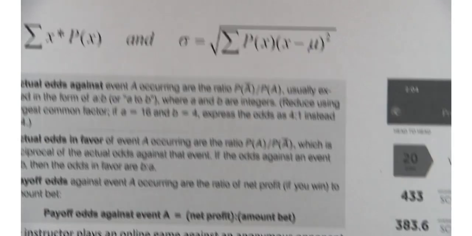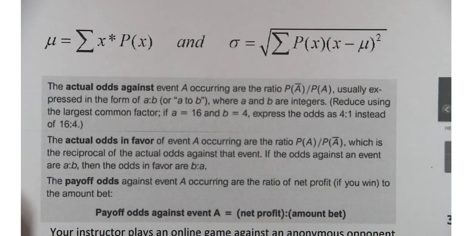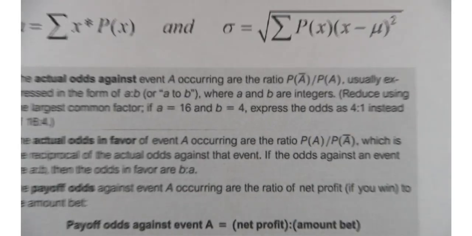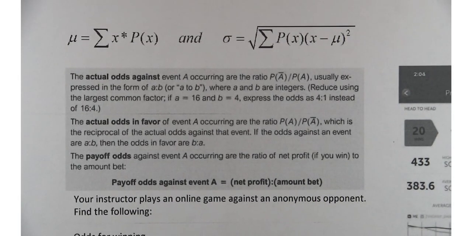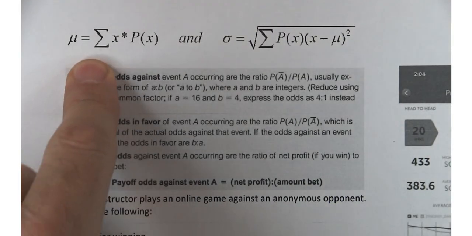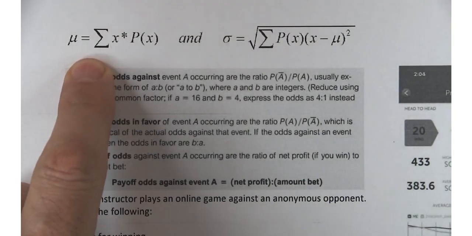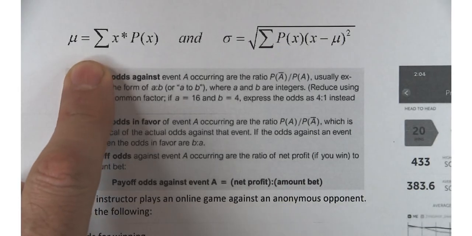Now, one of the things I've done is I've backed away from probability a little bit on the final exam. Mostly I'm trying to think of the kinds of things that you're going to need moving forward and things that are going to be helpful outside of this class. One thing that's helpful to know is what the average of a probability distribution is.